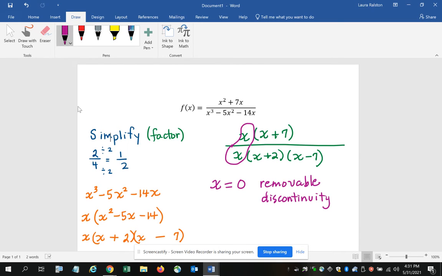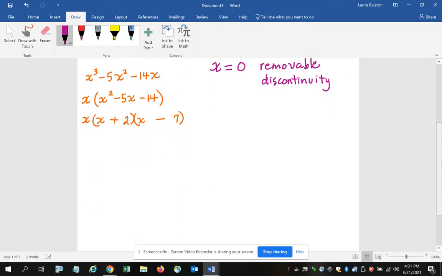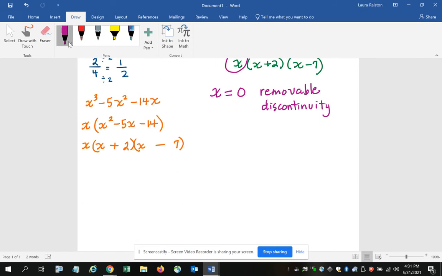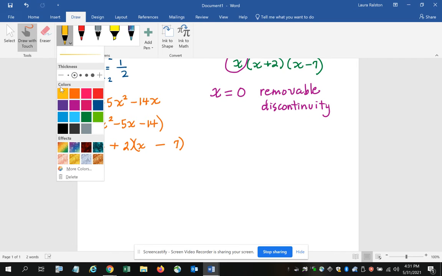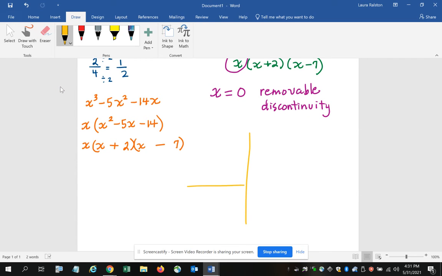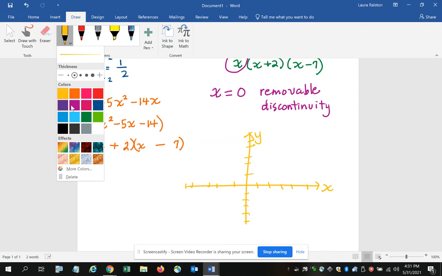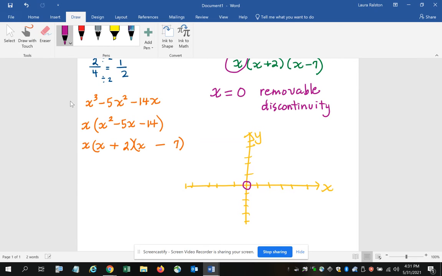So visually on the graph, and I'll try to sketch it here for you so you can see it, if you were looking at the graph of this function, what would happen is that at the value of 0, I would have basically an open dot or a little circle to show that I couldn't use that one individual point.